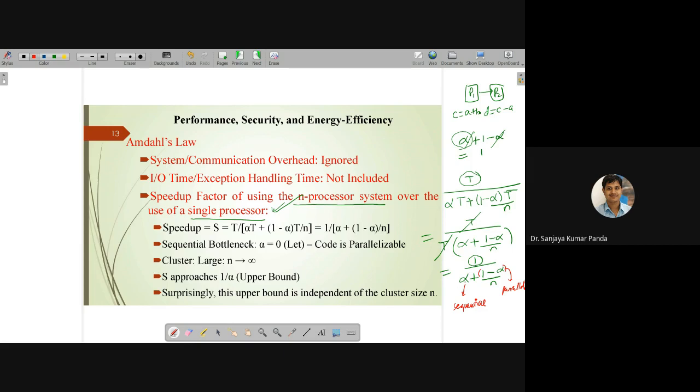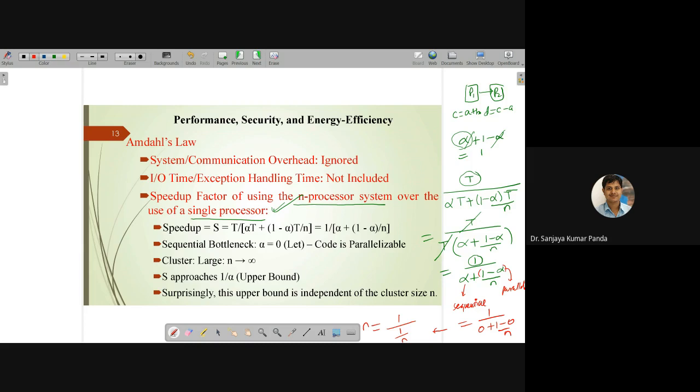So it is 1 by 0 plus (1 minus 0) by n. How much will you get? 1 divided by 1 by n, so it is equal to n. You see how the entire expression is reduced to n.